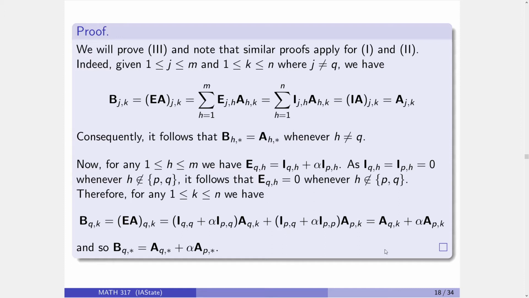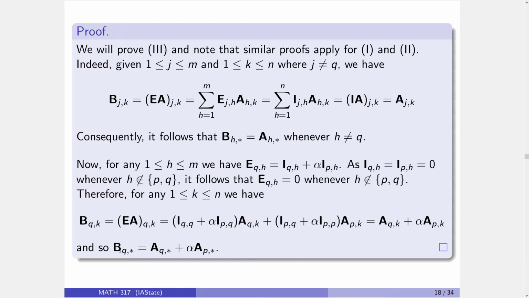Well, first thing to note, different indices here for this identity matrix, so that zeroes out. Different identity indices here, so that zeroes out. Same indices, so that's equal to 1. Same indices, so that's equal to 1, so you pick up A_qk plus alpha A_pk.